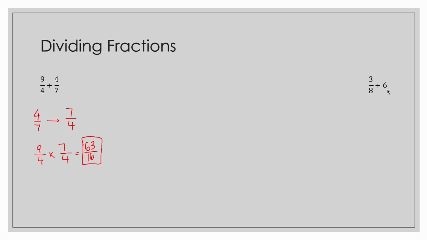If we want to write this as a fraction, this is the equivalent of 3/8 divided by 6/1. So what is the reciprocal of 6/1? Well, if we switch the numerator and the denominator, 6/1's reciprocal is 1/6. So we multiply 3/8 by 1/6.